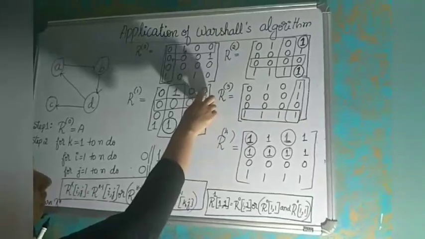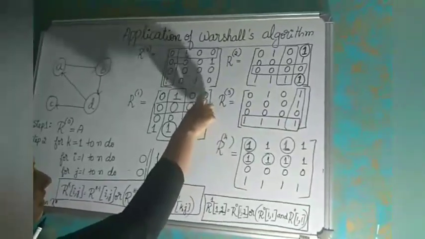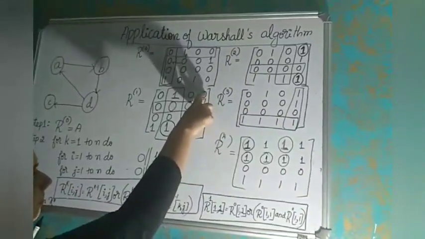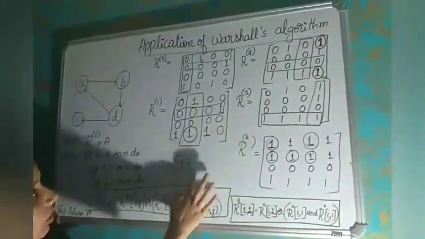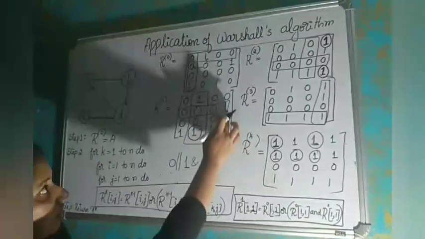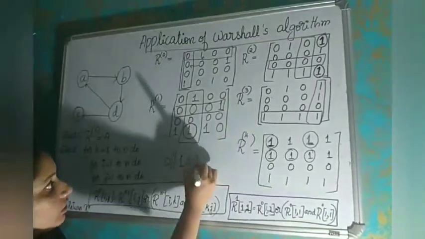Next, to find the value over here, the first value is 0, or in the same row the value inside the box is 1, and in the same column the value inside the box is also 1.